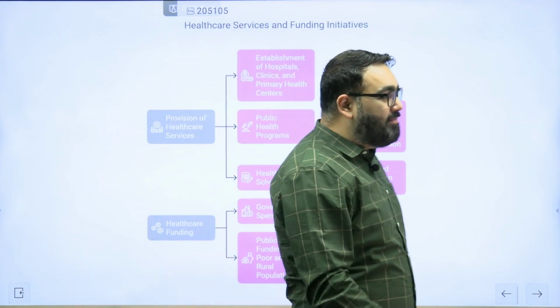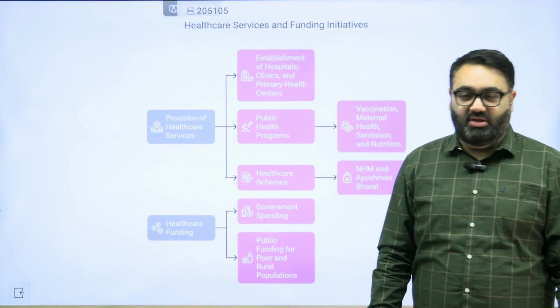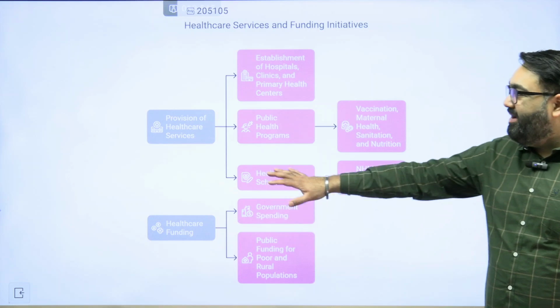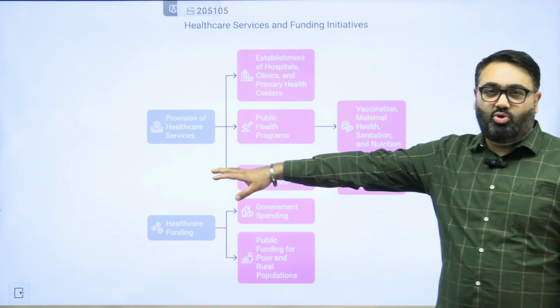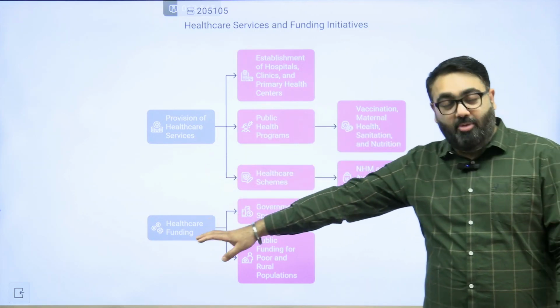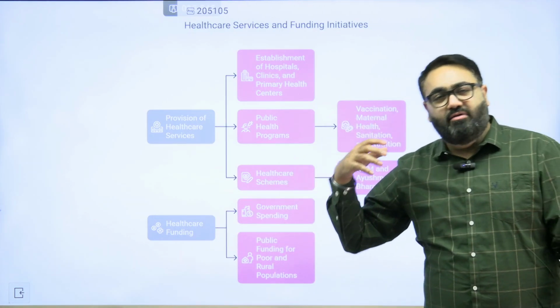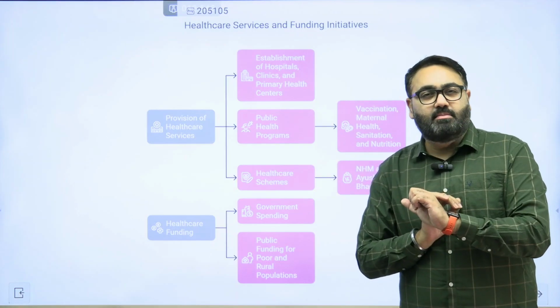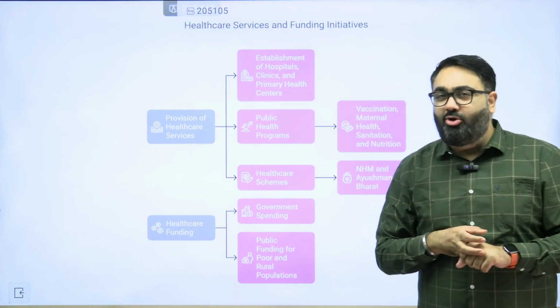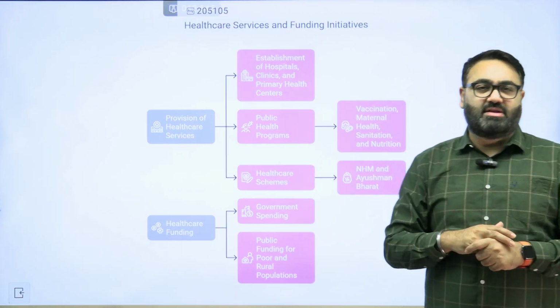This is what makes them more vulnerable as compared to others, because the government facilities are not up to the mark. If you go to government hospitals, you want to get, let's say, an X-ray done, an MRI done, either their machines will not be working, or if they are working, they'll have such a long waiting period, you will be told to come after 6 months.